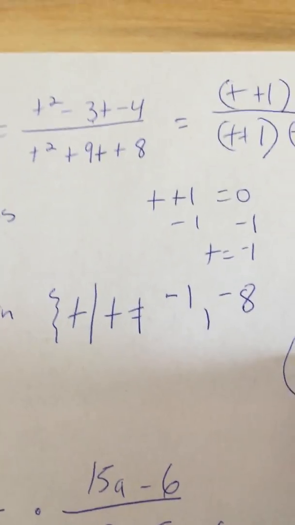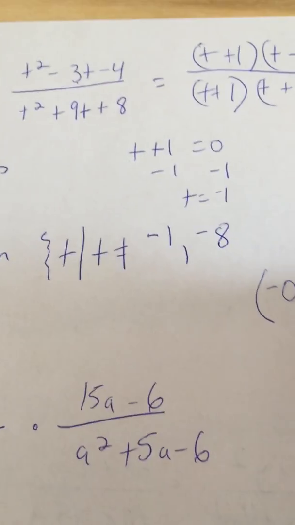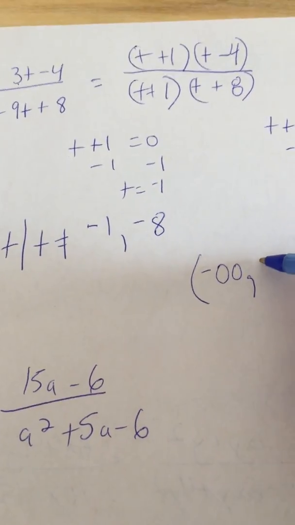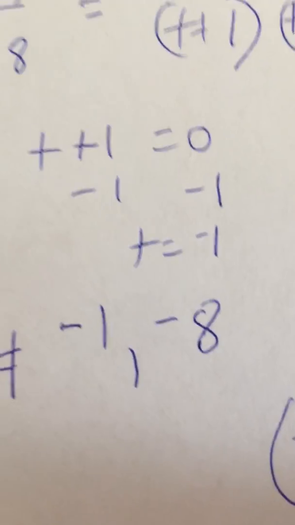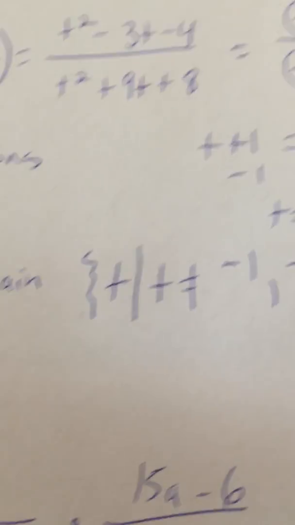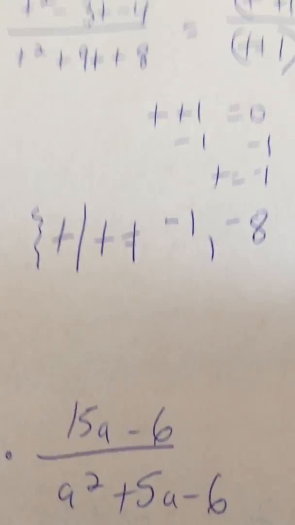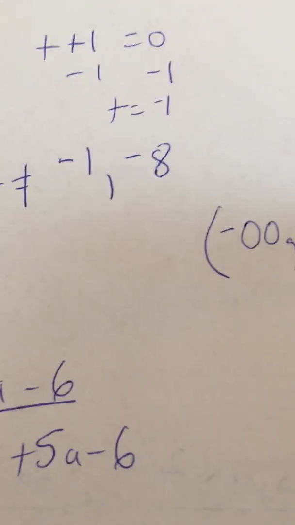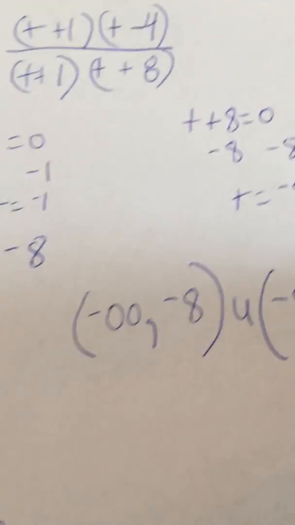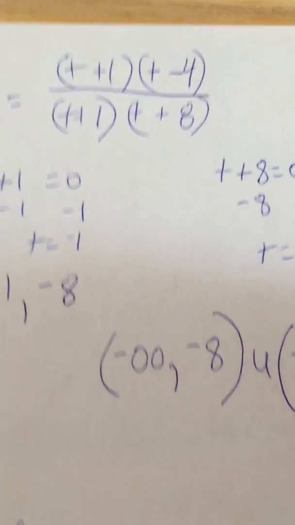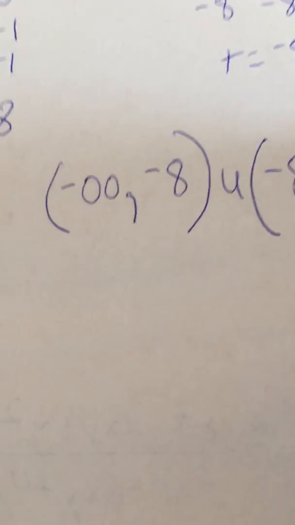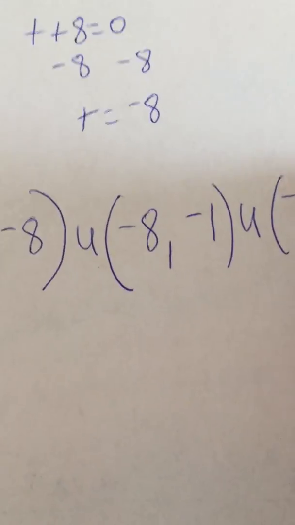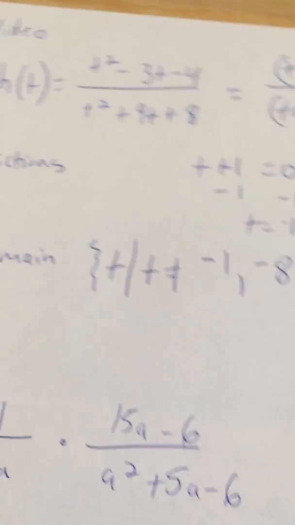So -∞ to -8. Oops, I did that one backwards, so the -8 should be over here. And then union -8 to -1 union the -1 to +∞. So that's problem 38.